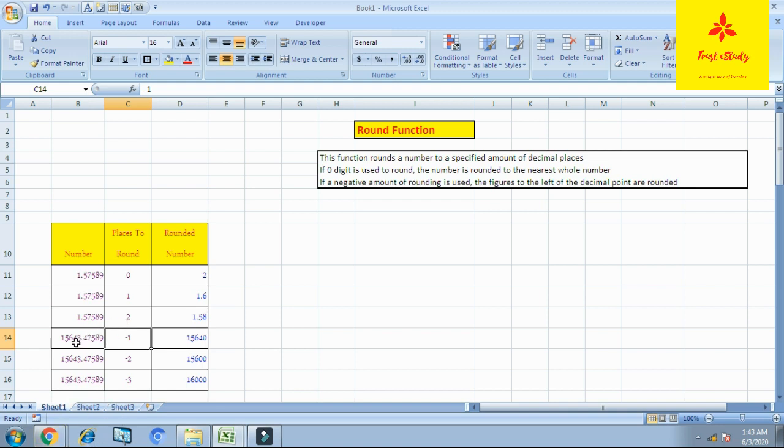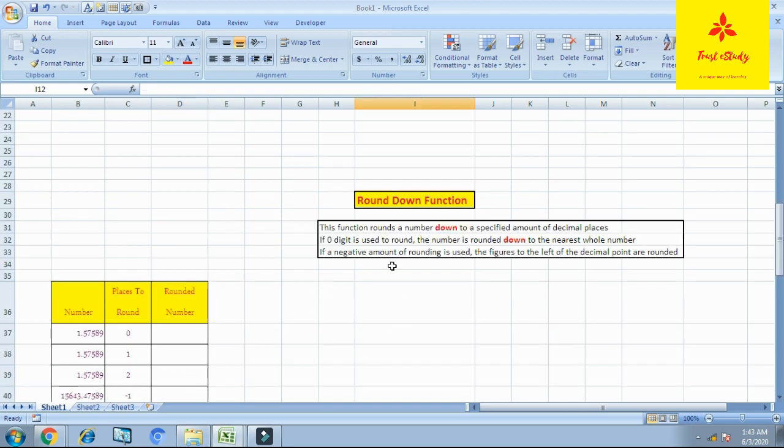And if you see, 3 has been changed to 0. When I used -2, it changed 43 to 00. When I used -3, it changed the number to 16,000. So this is how round function works.